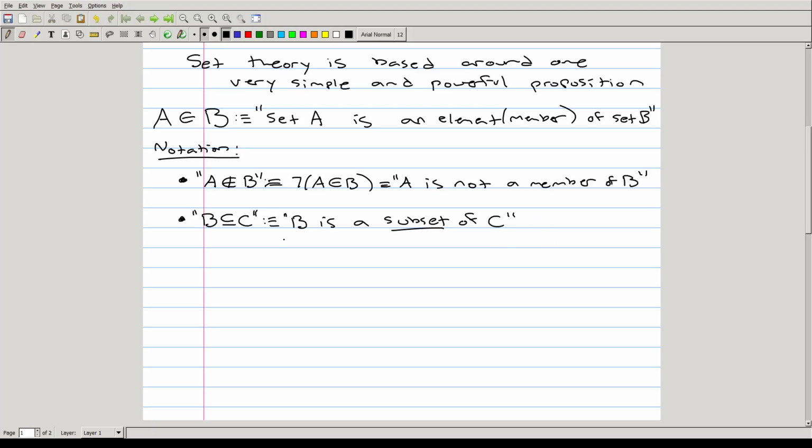and this is logically equivalent to the statement: for all A in some universal set, or some universe, I should say, the universe that B and C are contained in, if A is an element of B, then A is an element of C. This is the definition of what it means to be a subset.